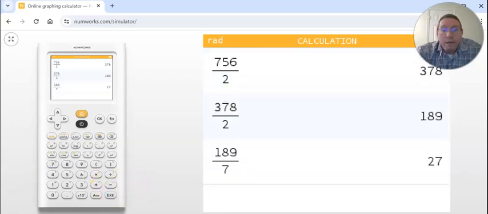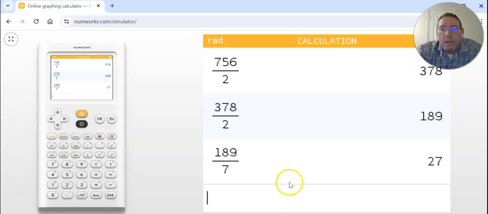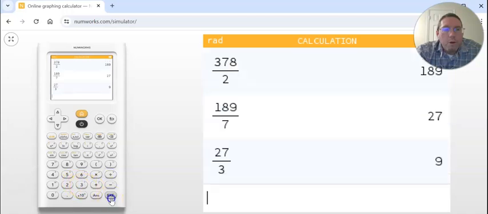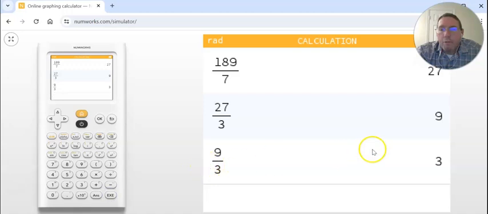I got a 27. And so now this is the same thing as 27 times 7 times, and so far we have had 3 2's. Let's just do 2 to the 3rd power, okay? Now, 27 is a cool number because 27 is actually 3 times 3 times 3. So if we divide 27 by 3, you can see we get 9, divide that by 3 again, and we get another 3, okay?